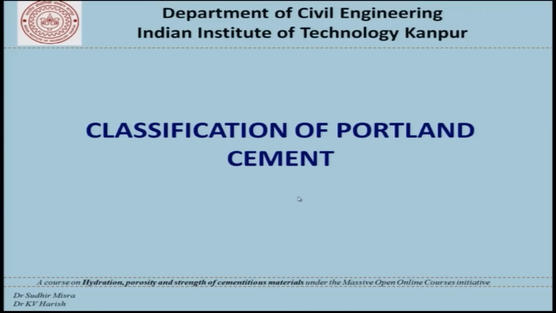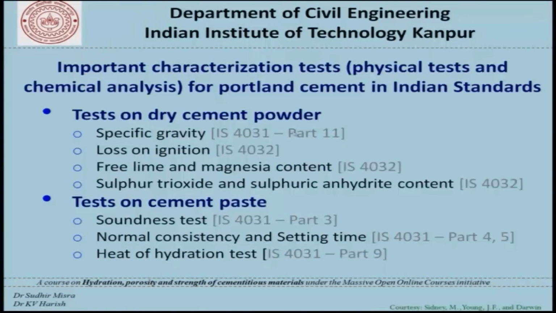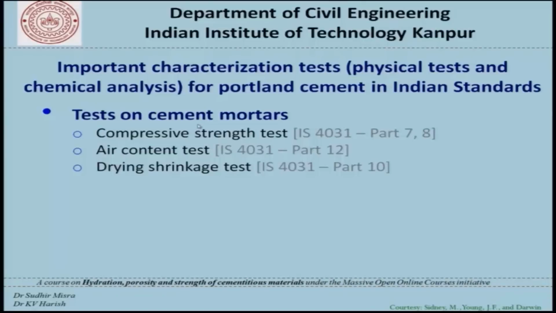Now, classification of Portland cement. Important characterization tests for Portland cement in Indian standards are listed. Some tests are for dry cement powders, some tests are for cement paste, and some tests are for cement mortars.